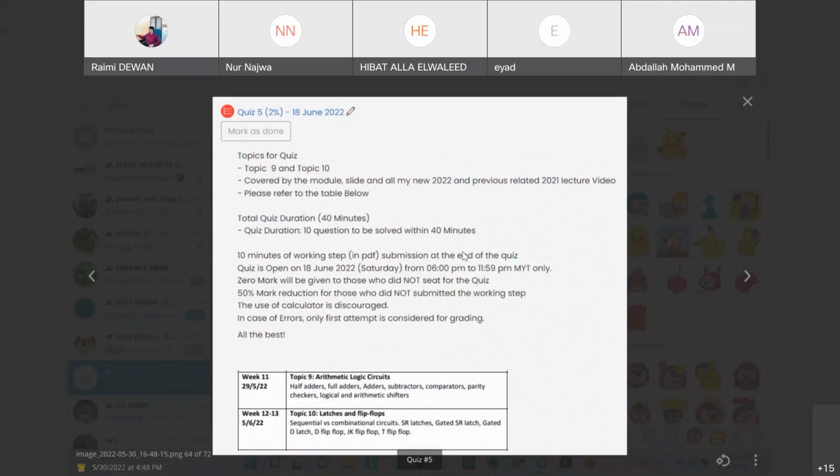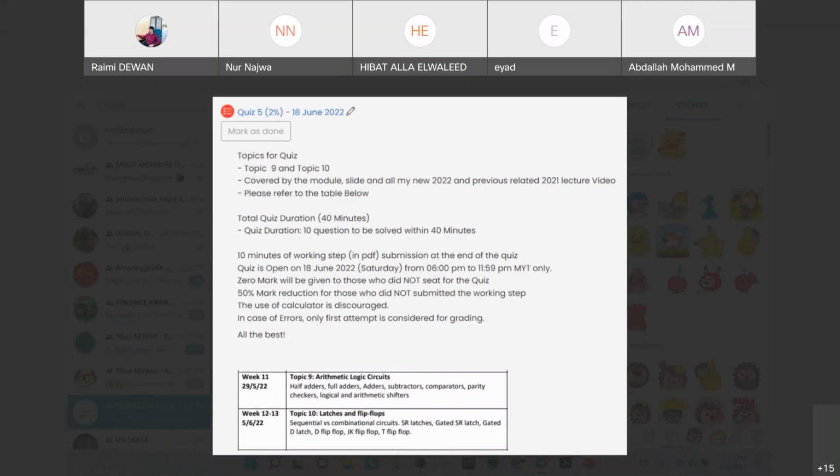So the quiz will be touching on the latches and flip-flops and also arithmetics. This one is covered by test 2 as well. Test 2 is until here, but your quiz 5 is 9 and 10. I will be testing this also, for you need to know what you don't know.